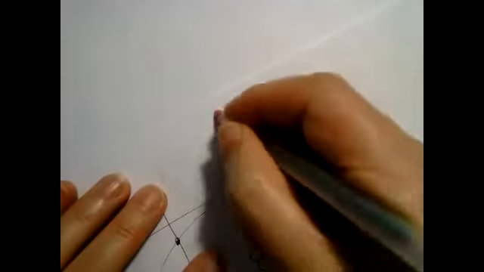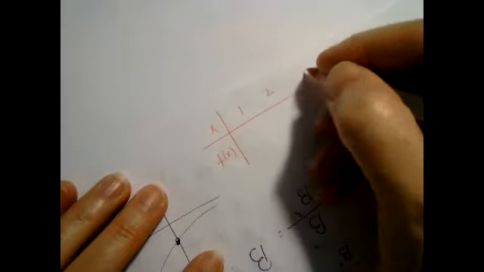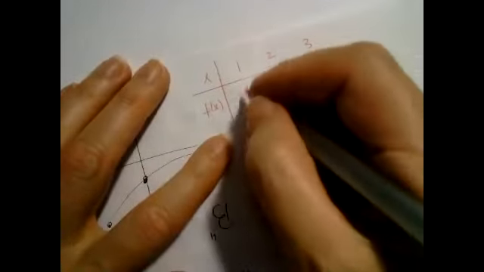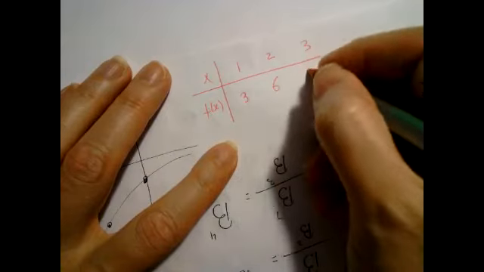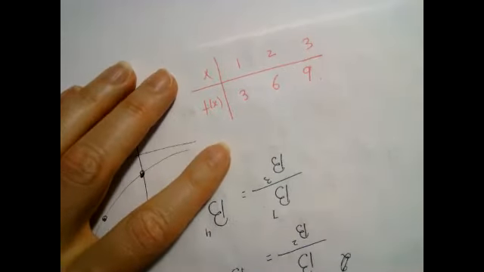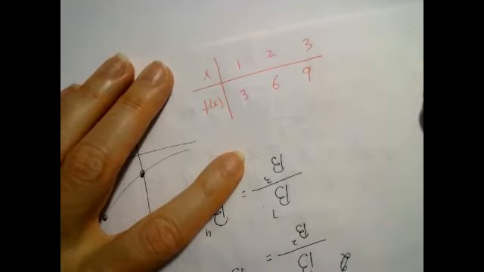Okay, so you don't have to write. Suppose I tell you this is x, this is f of x. 1, 2, 3, okay? And I give a bunch of very easy numbers. I'm gonna put 3, 9. And I ask you, can this function be linear? What would you say? Yes or no?